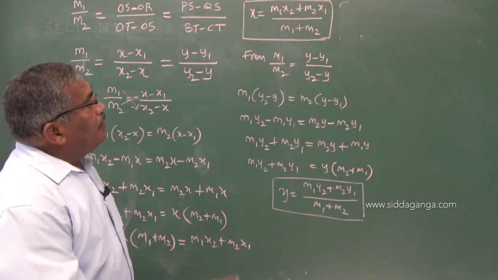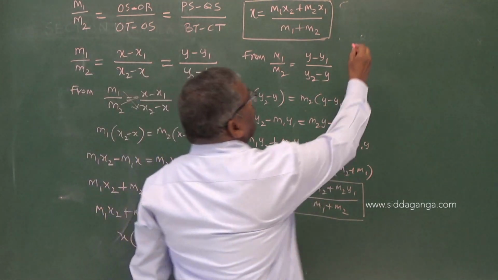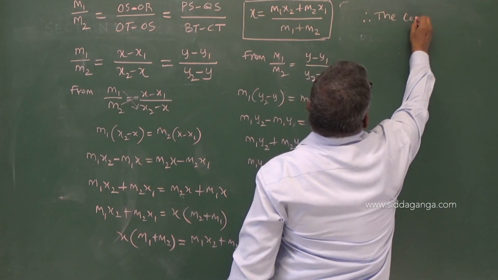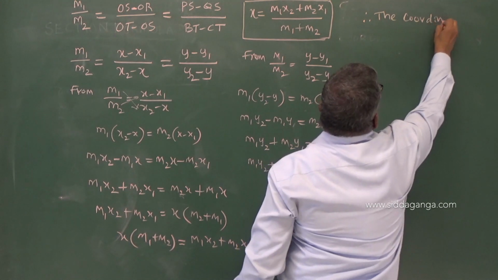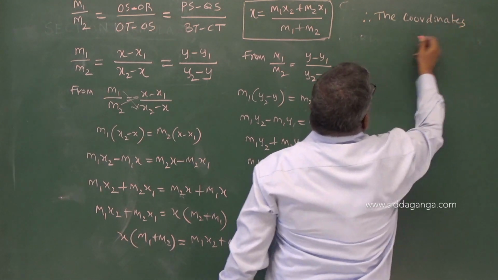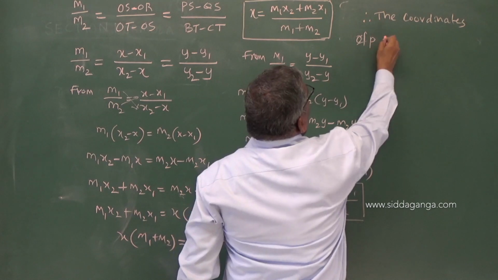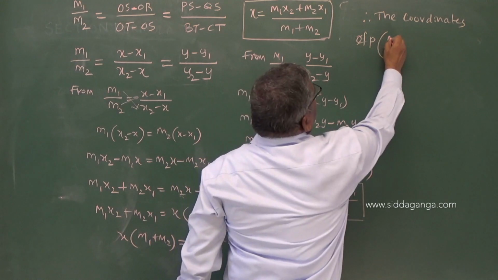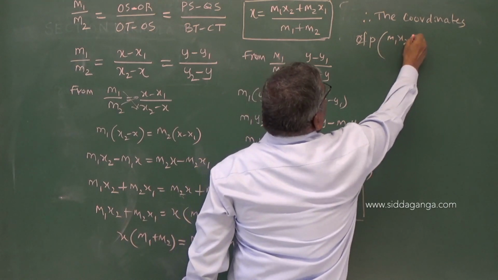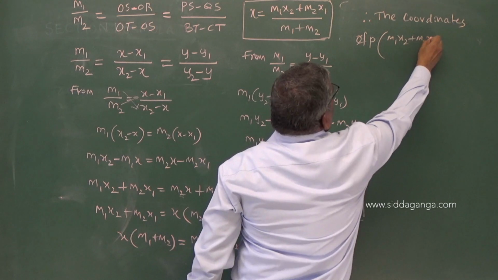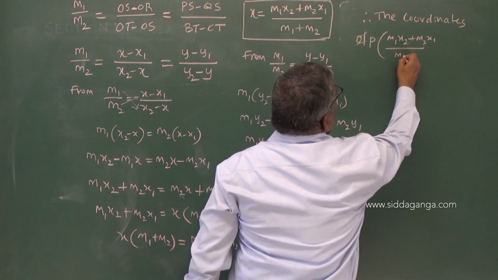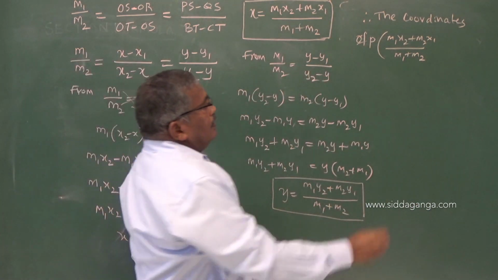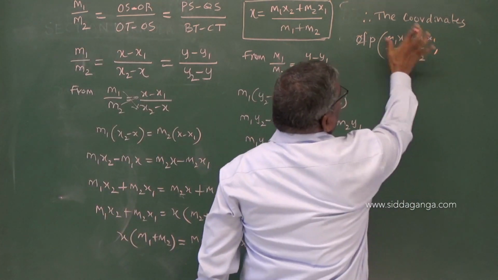So therefore we have found x and y. So therefore the coordinates of P we write like this: M1 x2 plus M2 x1 divided by M1 plus M2, comma, this is one coordinate.